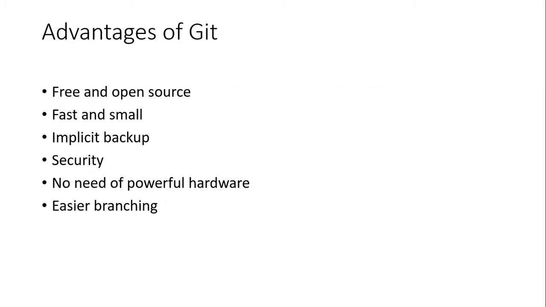So if you see the advantages of Git, it's free and open source, right? You don't have to pay any fees for using Git. It's very fast. And if you wonder whether it can work with thousands of files in your code base, it can definitely work, right?